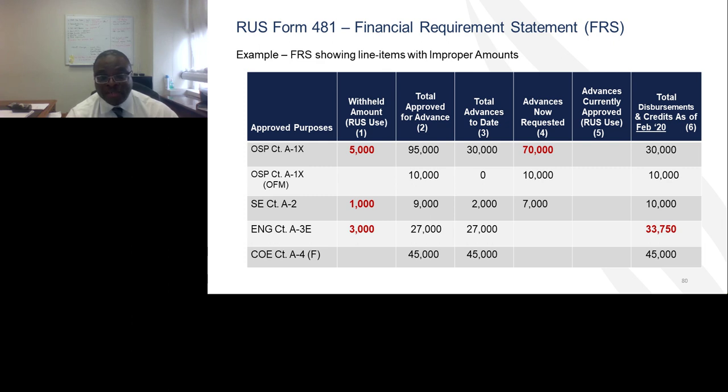So in a case like this, it would be an FRS that would be challenging, and this incorrect numbers has a direct impact on the number that's left in the construction fund account in line 17. And in this instance, an FRS like this would have to be returned. We will not be able to process the request.